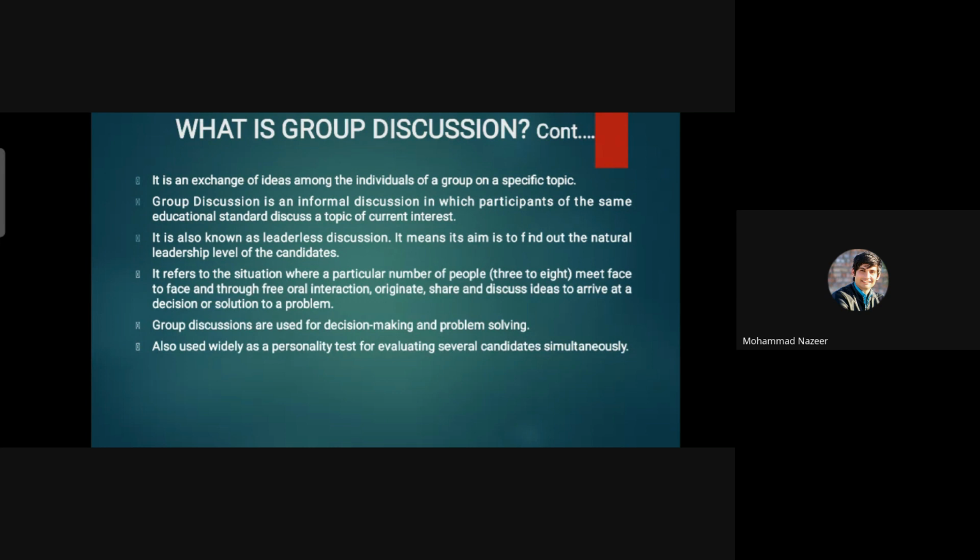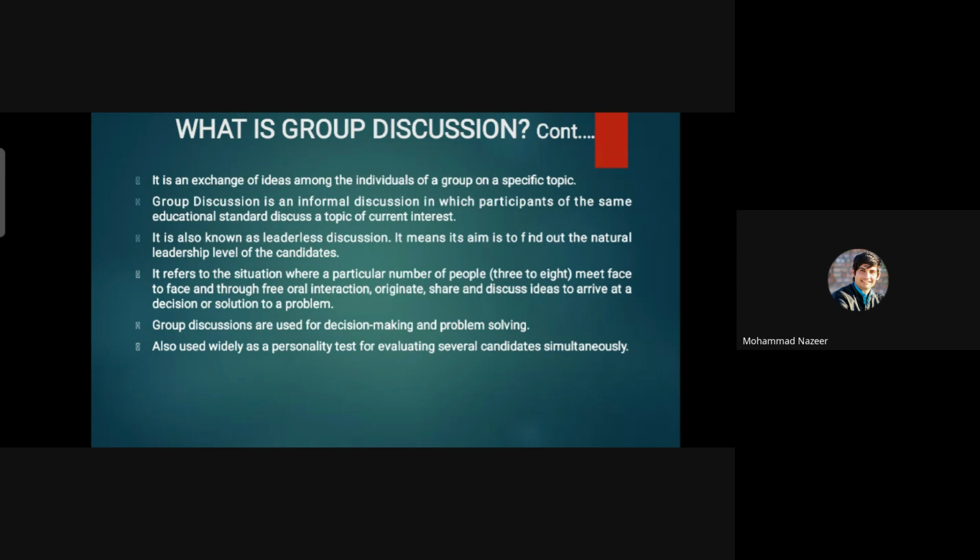That again talks about our leadership qualities. It aims to find out how we are going to handle a situation. Our ideas should be logically structured, and we should convey our ideas in a very convincing form. We should be able to convince. That is something which is required.